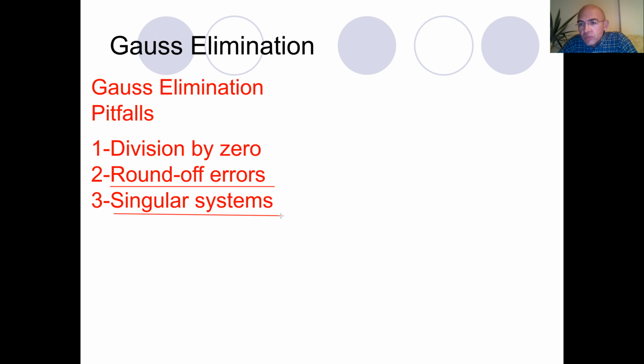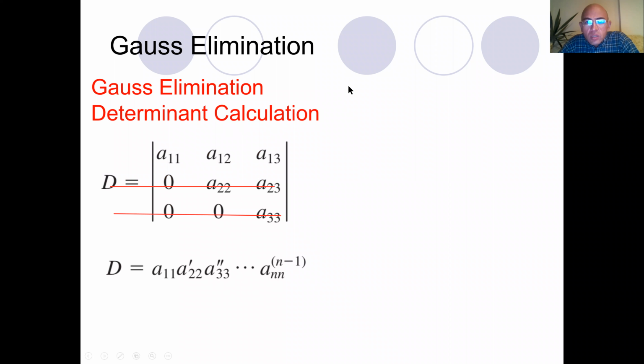So the determinant of it may be zero. You may have an infinite number of solutions, which we have seen in the graphical method, or maybe there is no solution at all. So these are the drawbacks of the Gauss elimination. Of course, there are certain techniques which can be used to avoid such pitfalls.